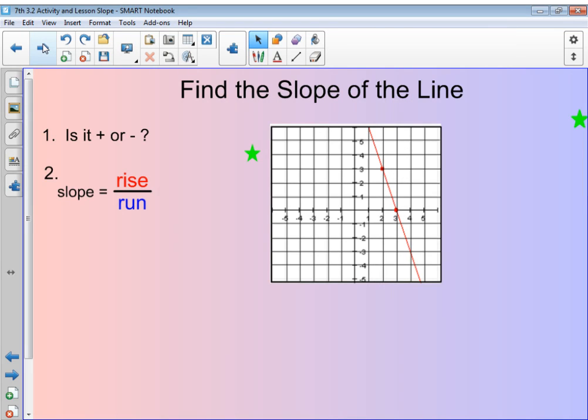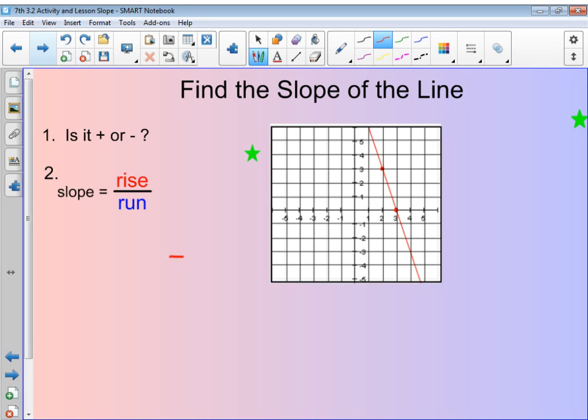Okay, so now we're going to put those 2 pieces together. We're going to count our slope, and we're also going to determine if it's a positive or a negative slope. I usually do the positive or negative first because that's often the part that is forgotten. So when I look at this red line, I notice that it's going down from left to right. So I know in the end that my answer is a negative answer. Now I'm going to create, for visual sake, a triangle between those dots.